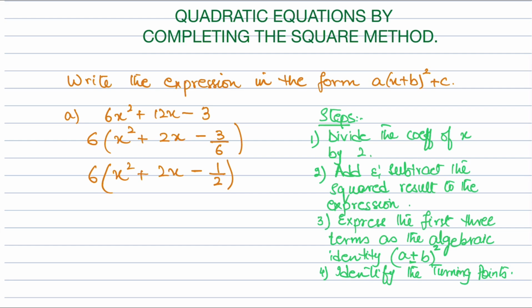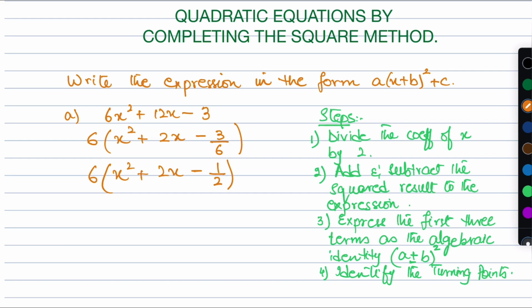The expression that is given to us is 6x squared plus 12x minus 3. Whenever we have to solve an expression by completing the square method, just remember that the coefficient of x squared needs to be 1.